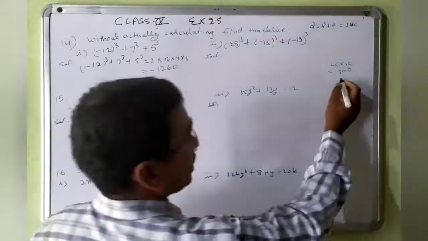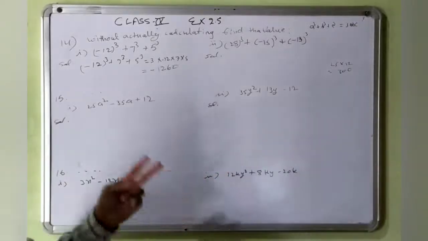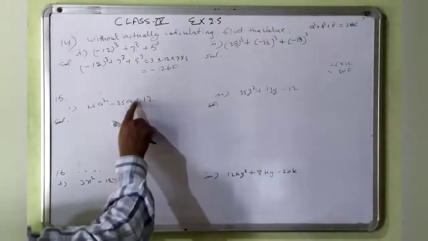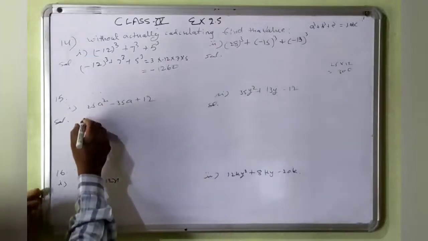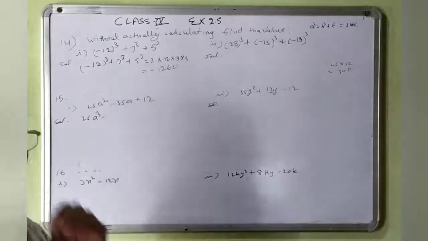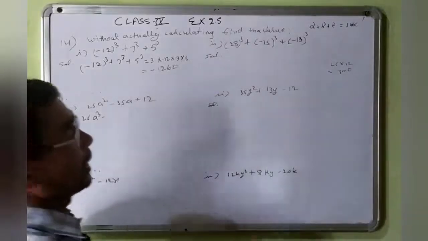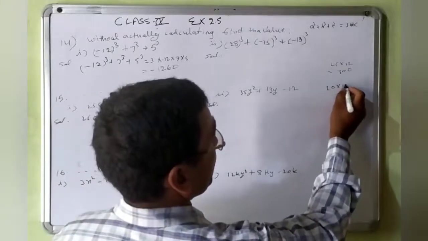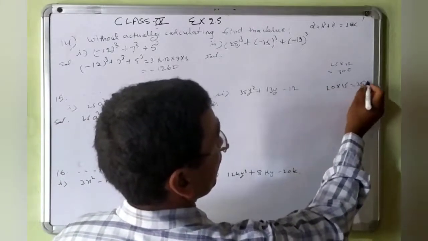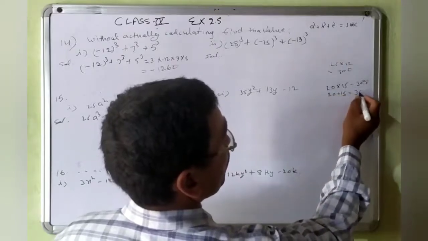Now you will convert this 300 into two factors whose sum comes to 35. Those factors are 20 multiplied by 15, which is equal to 300, and 20 plus 15 is equal to 35.